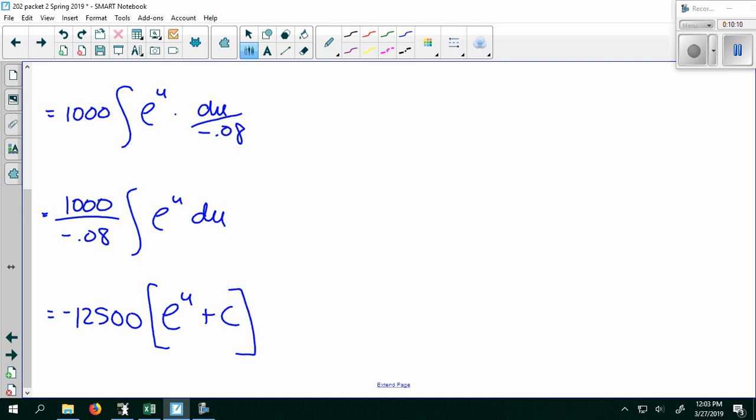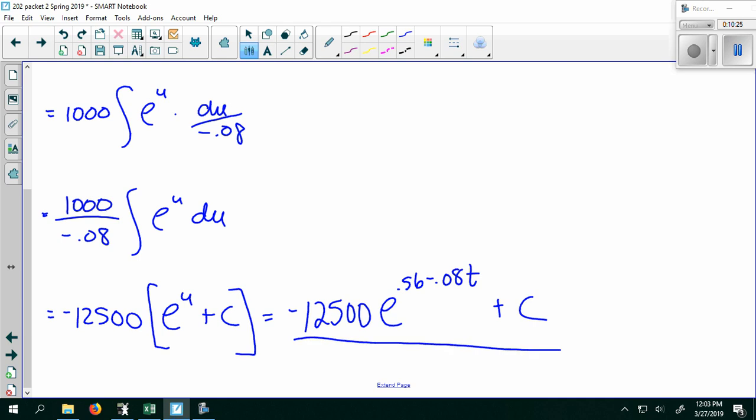And then I'm going to replace the u with the original substitution. So negative 12,500 times e to the 0.56 minus 0.08 t plus c. So I've got my antiderivative. And I'm going to go back to the previous page and use that to evaluate the definite integral.